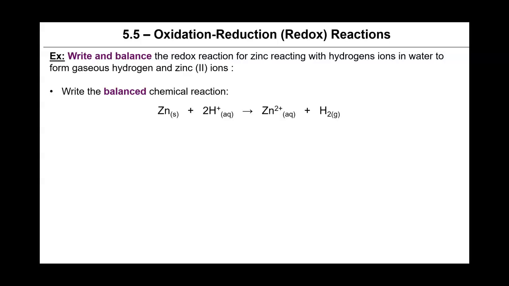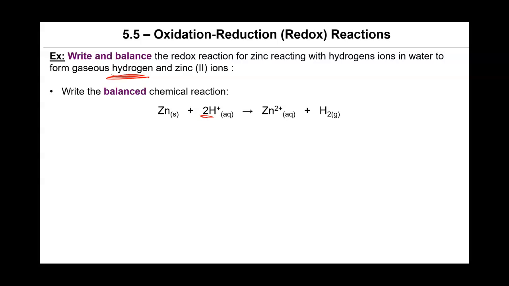And there it is there, right? Zinc solid plus 2 hydrogen ions gives zinc 2+ ions and H2 gas. And I guess what I really got to remember here is that hydrogen is a diatomic element and that I'm going to need 2 hydrogen ions in order to balance the hydrogen atoms.